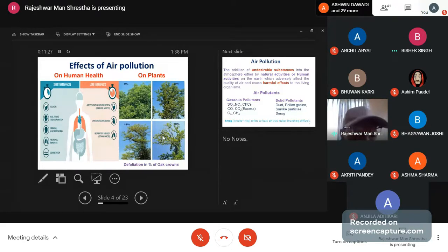Inflammation means unbearable pain, then coughing and painful breathing, pneumonia, bronchitis, and irritation occurs in the skin. When exposed for a short time, we will be affected by these disorders. And the long-term effects are on the central nervous system, headache and anxiety, and then diseases related to the heart, especially diseases like asthma and cancer.